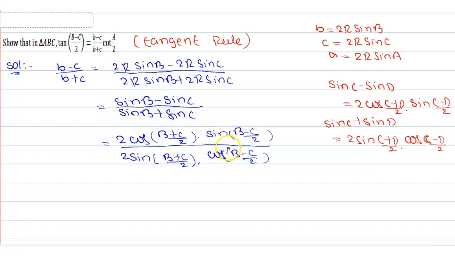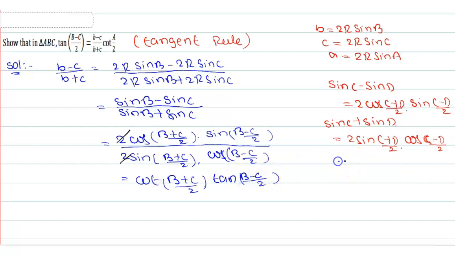So here I can cancel similar terms, the 2 and 2 are cancelled out. Cos by sin is cot. So this is equal to cot of (B plus C) by 2 into sin of (B minus C) by 2 by cos of (B minus C) by 2, which can be written as tan of (B minus C) by 2.